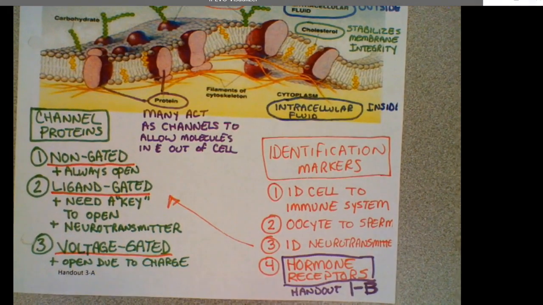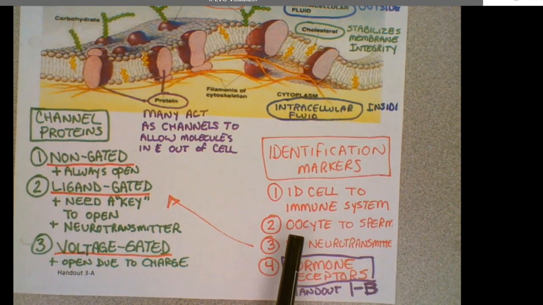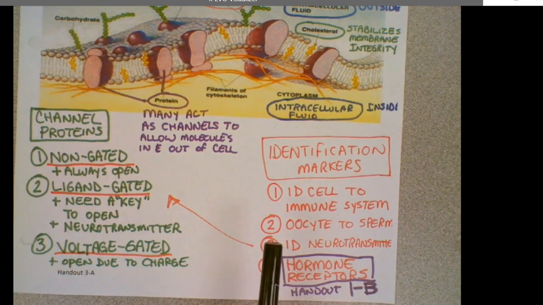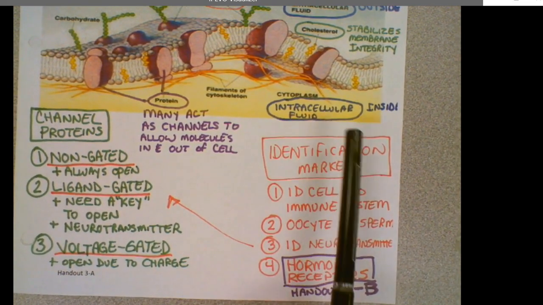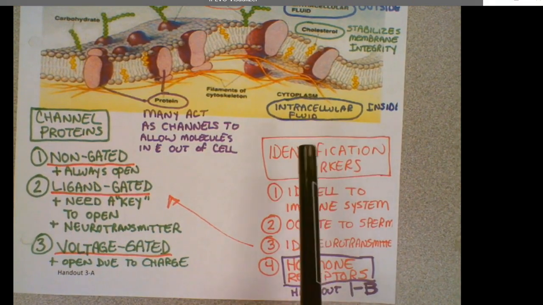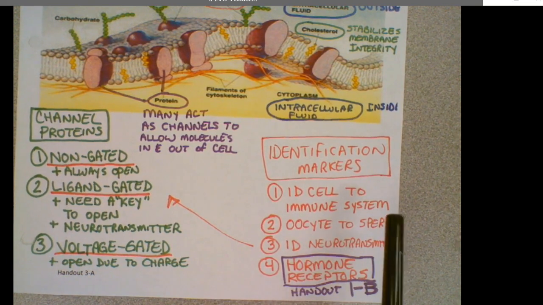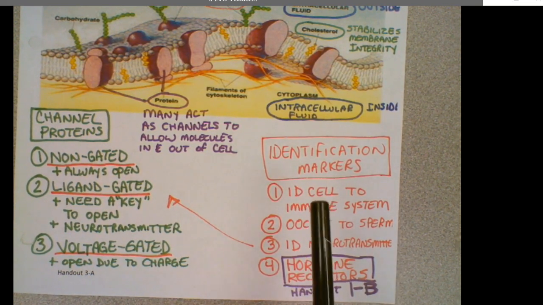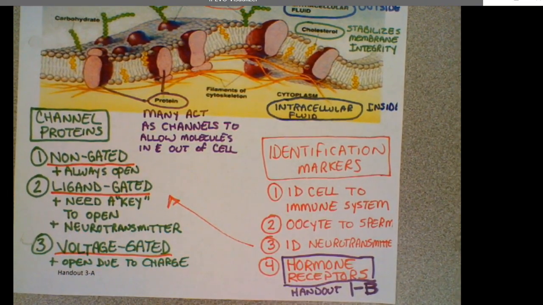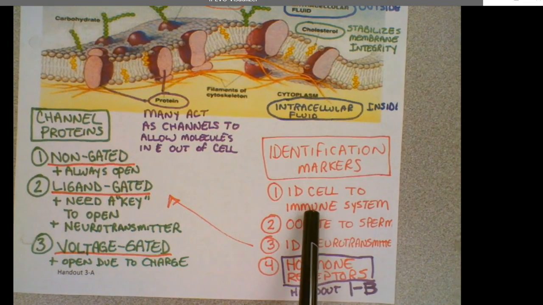This is how our immune system recognizes us versus a foreign body that it wants to attack, like a bacteria. Bacteria have different identification markers. And so our immune cells, our white blood cells, are going to be traveling through our body, and every time they come around a cell, they taste it. If it's us, we have matching identification markers. If the identification markers don't match, the immune system knows to attack that.